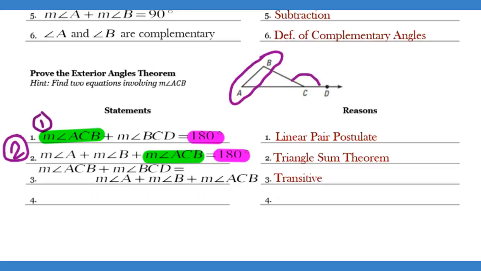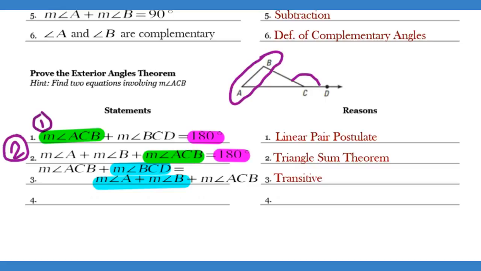If I add these two angles together, they're going to give me angle BCD. So if I look at this, here's BCD right here, and here's the sum of the measure of angle A and the measure of angle B.